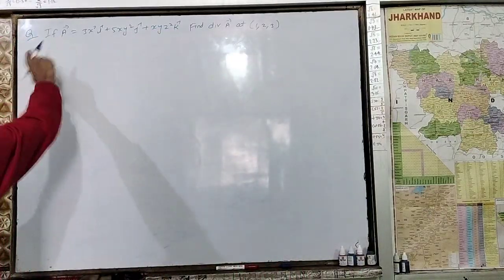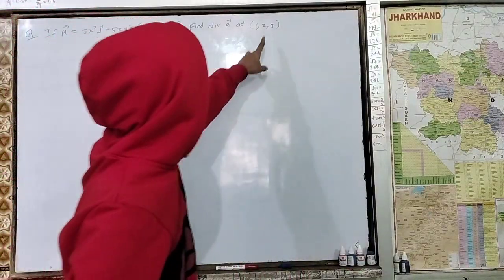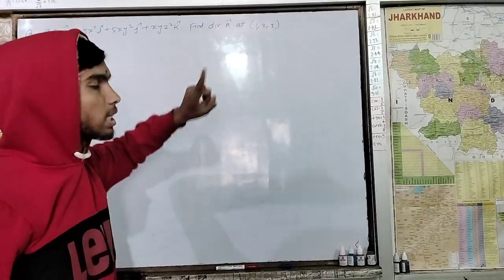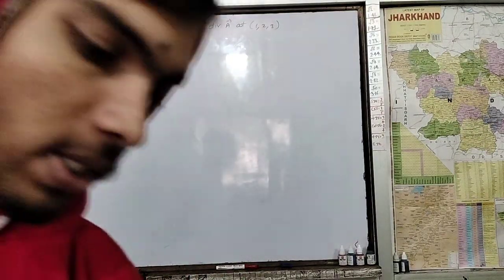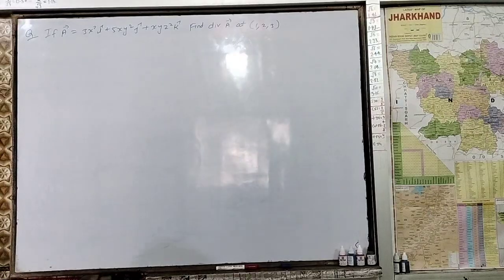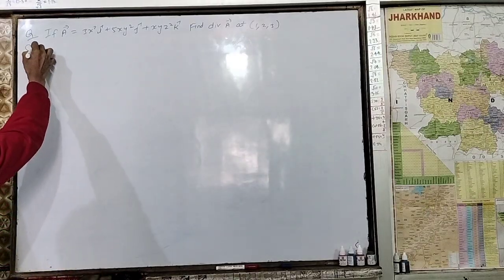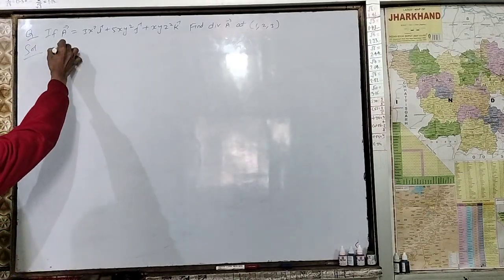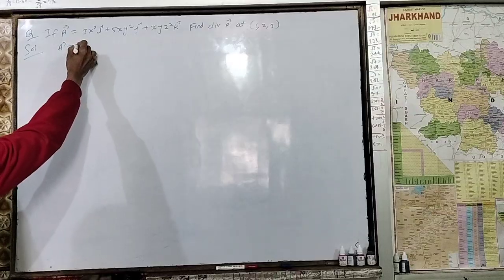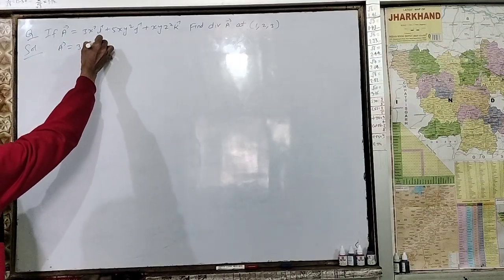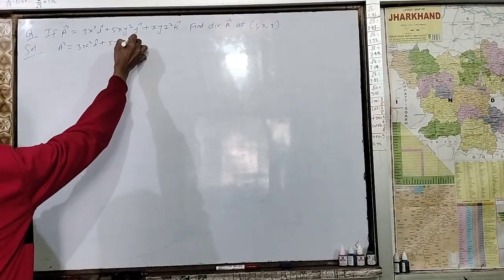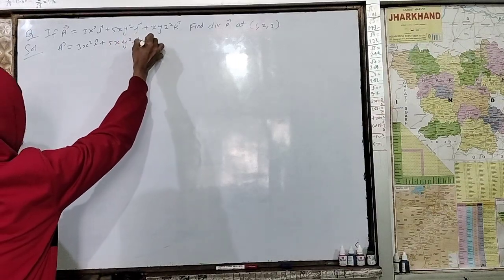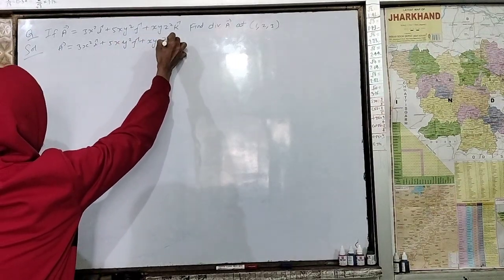We have the value of the vector, we have coordinates, and the question is asking only for the divergence of the vector. This is very simple. Let's see what magnitude we will get. The first step is to write whatever is given: 3x square i cap plus 5xy square j cap plus xyz square k cap.